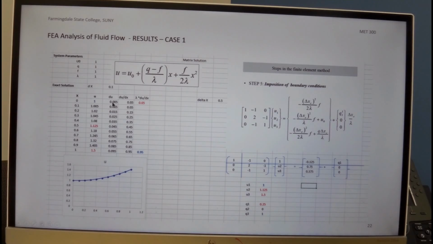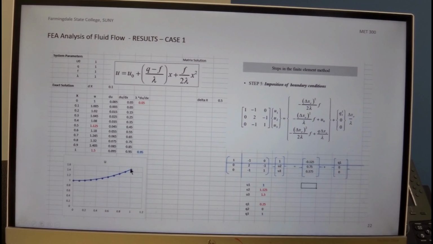This column represents the exact solution for each one of these elements, and the second column represents du. This is the difference between 2 points, and du/dx is this value divided by dx, which is given in size, and then lambda du/dx is also calculated.